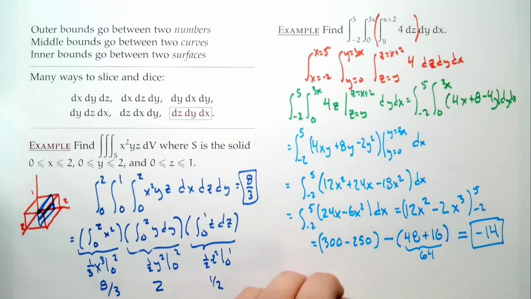Now, should we be worried that we got negative 14? Not yet. All we know is we were given an integral. Integrals are allowed to be negative because integrals represent totals, and some totals have signs. So, as a common example, bank accounts.